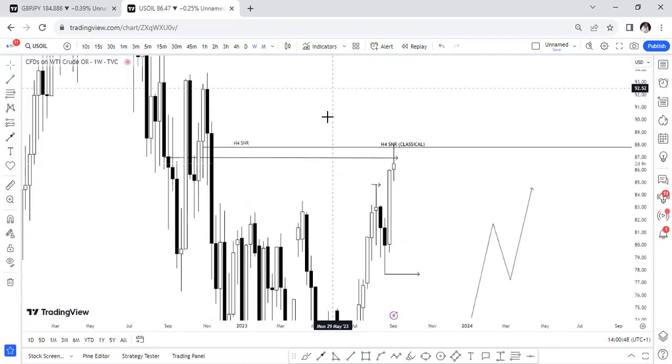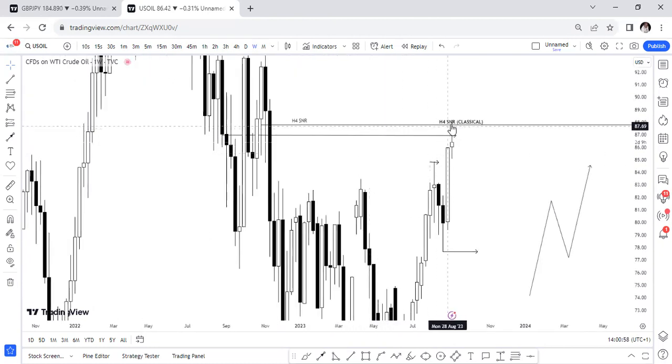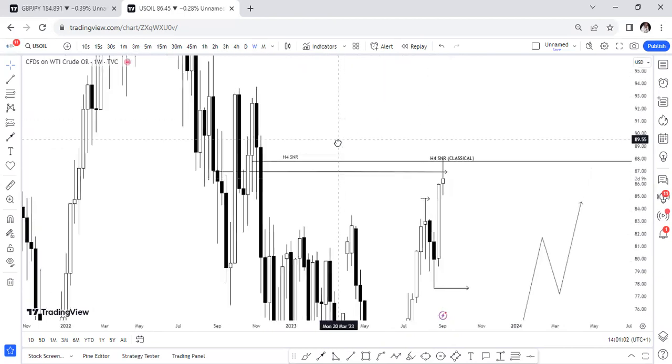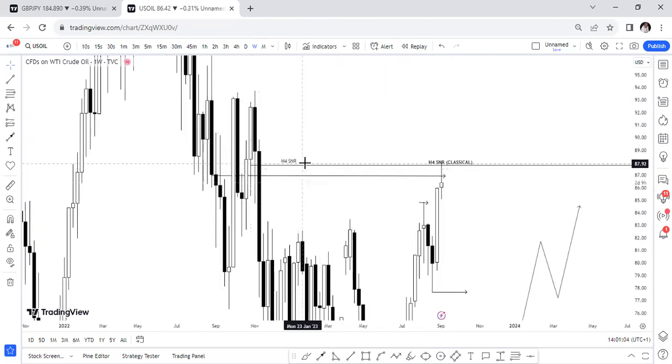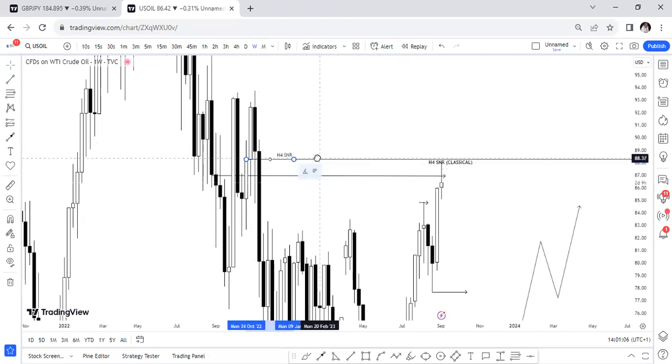So you must know for every action there is a reaction. For every action in the past, there's going to be a future reaction. You must know where this rejection is coming from. If you put your chart in here, it never got there.